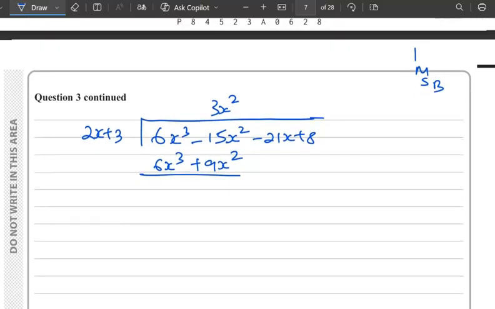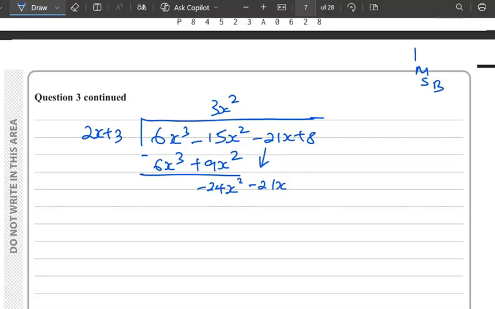The second bit, minus 15x squared minus 9x squared. This is the same as minus 24x power 2. Then you can bring minus 21x down. So we start again. 2x goes into negative 24x squared.